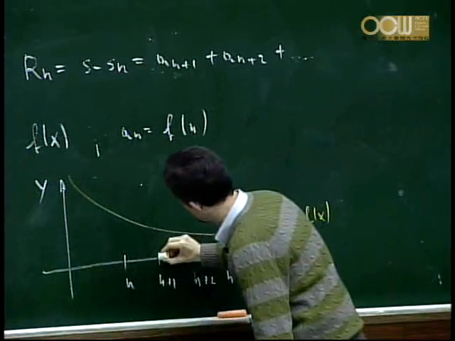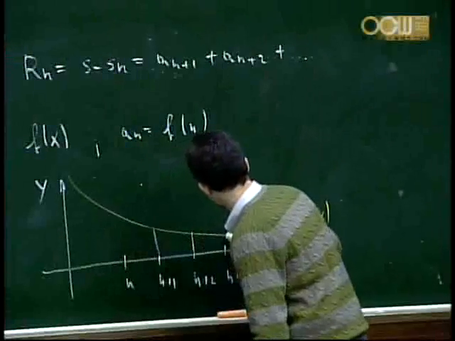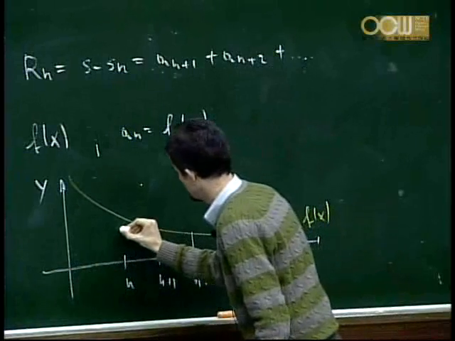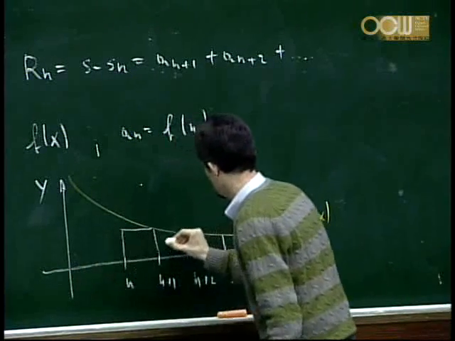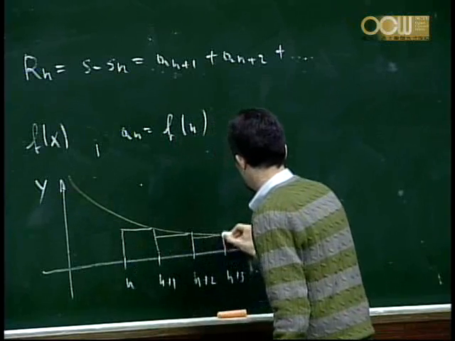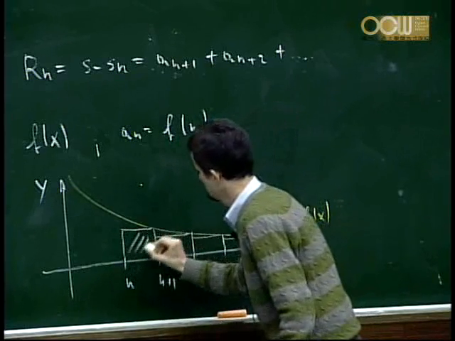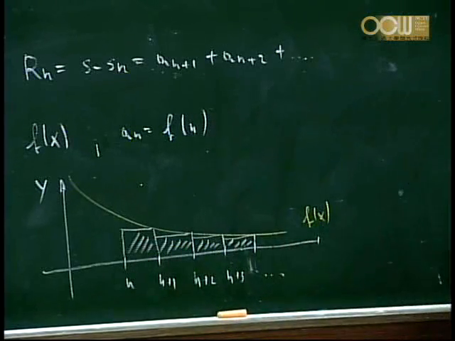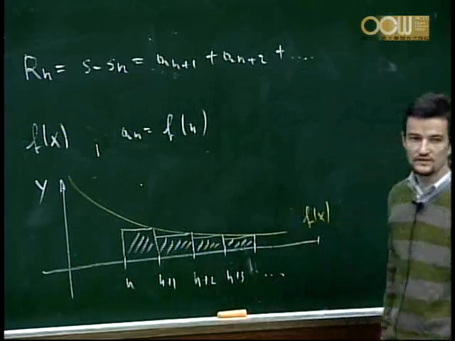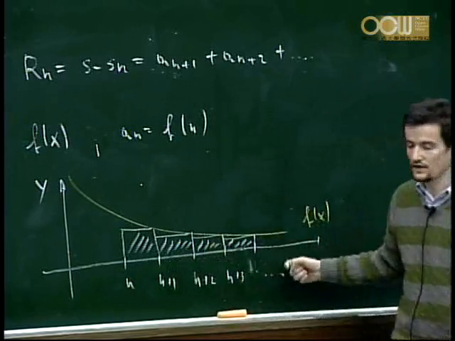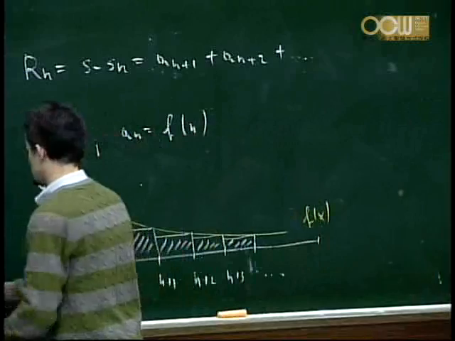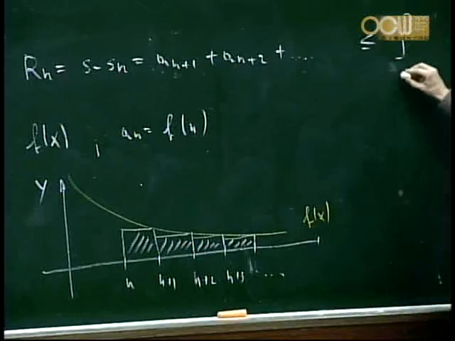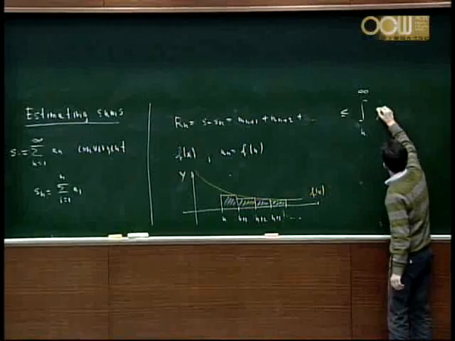If you interpret this sum as the sum of the areas of these rectangles, you see from the picture that this will be smaller or equal than the integral from n to infinity of f of x dx.